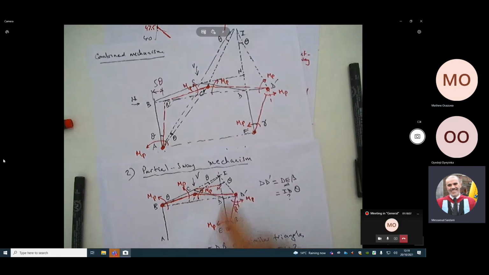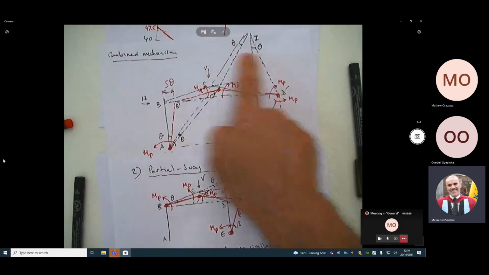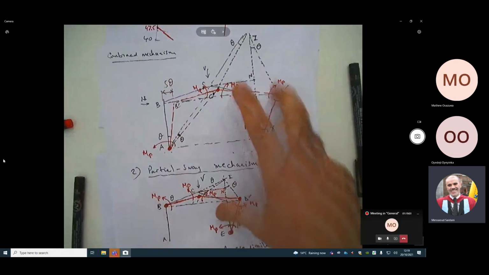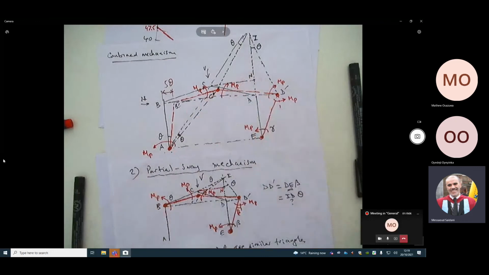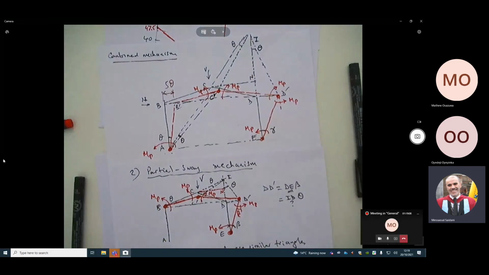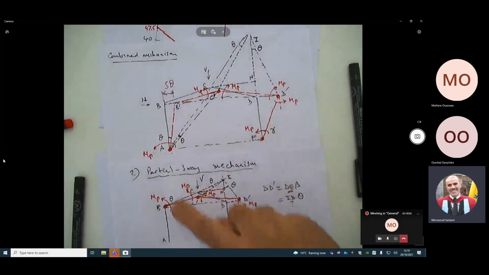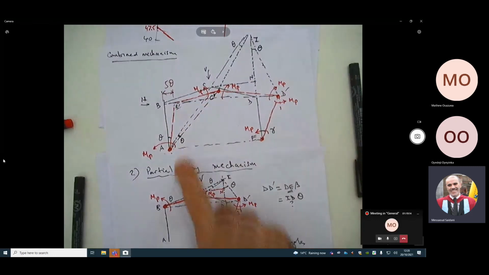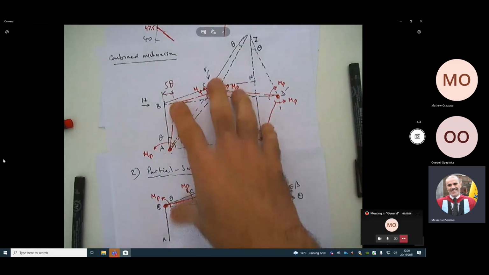So we have combined here, and part sway, isn't it? So when the two take place together, you can see that we have hinges at C, D, and E, but we're also going to have a hinge at B when you put them together.